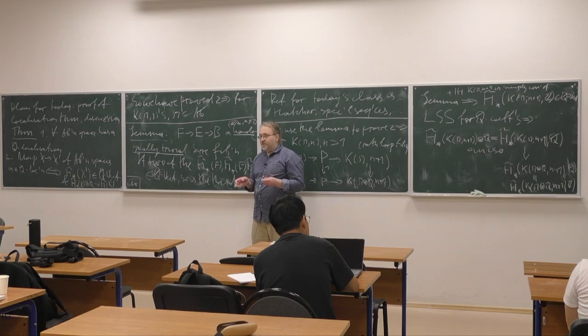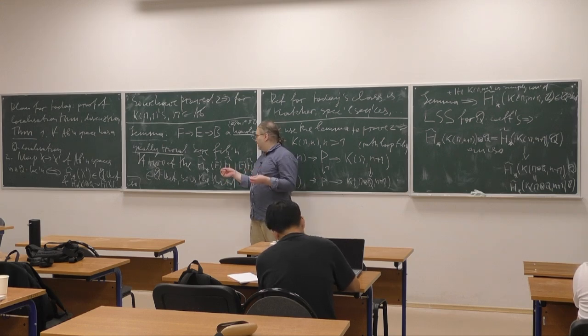So basically, base plus total space implies fiber. Fiber plus base implies total space. Total space plus fiber implies base. 2 out of 3 implies the third one.